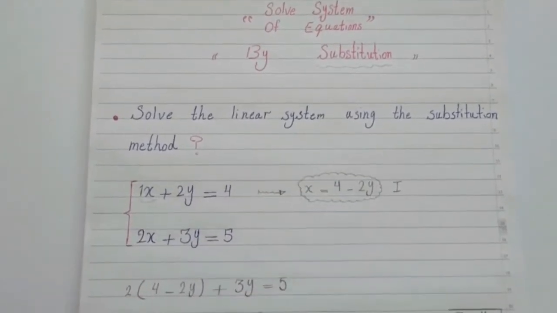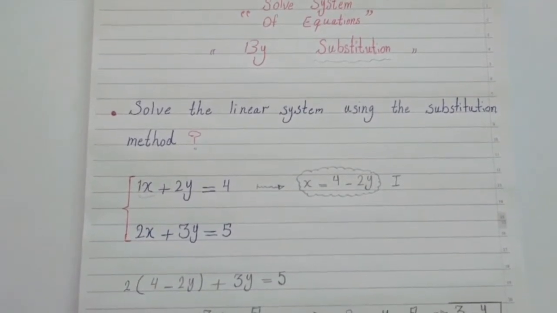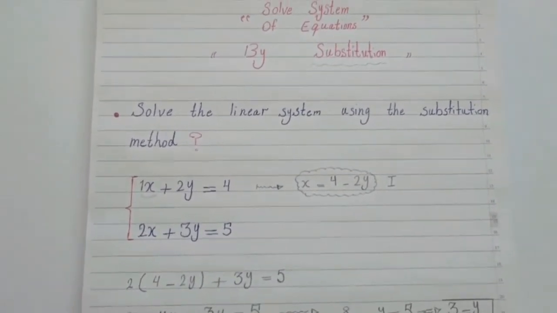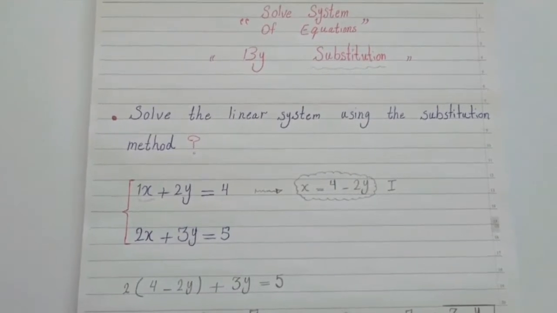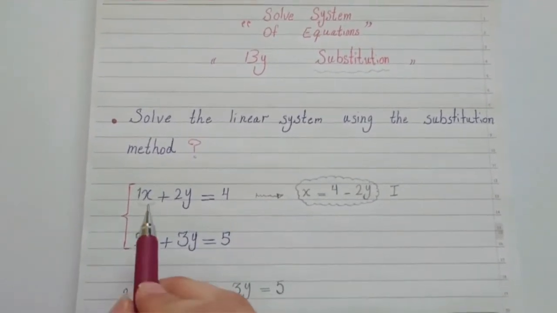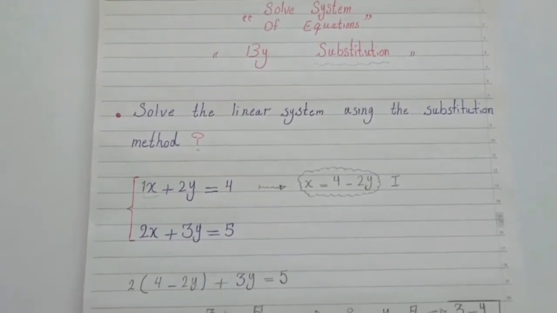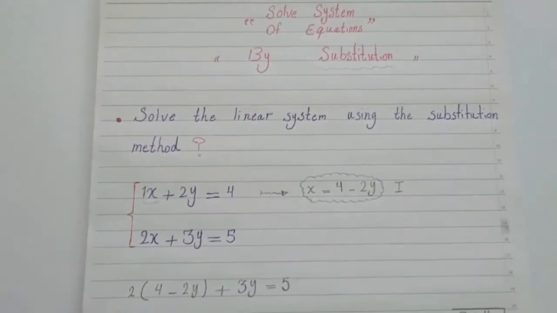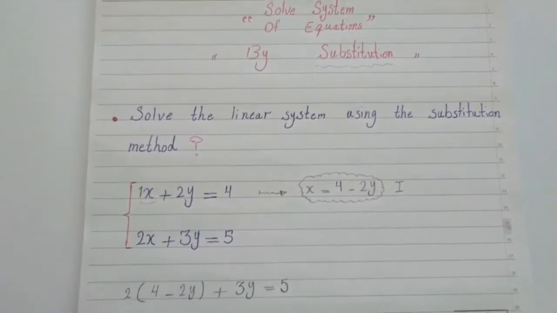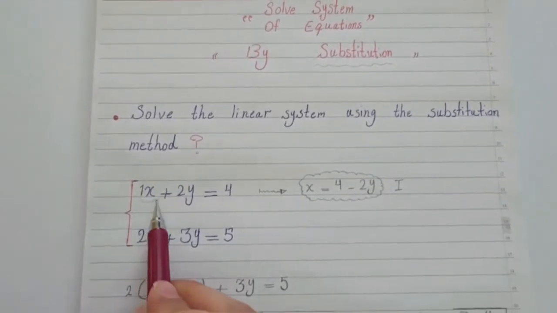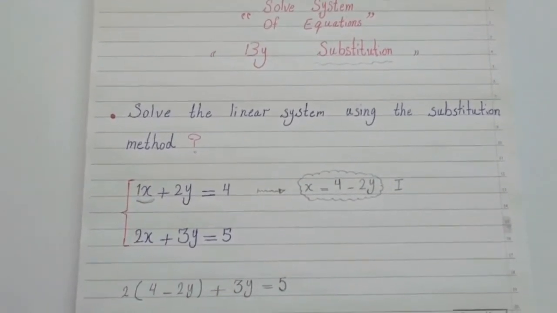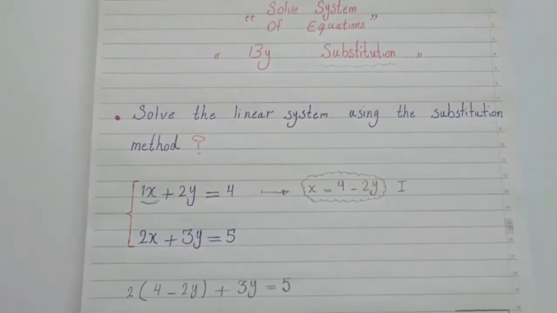Here there's a question: solve the linear system using the substitution method. Using this method is only useful when you have at least a variable with a coefficient of 1 or negative 1. For instance, in this example, this x is the only variable with a coefficient of 1.